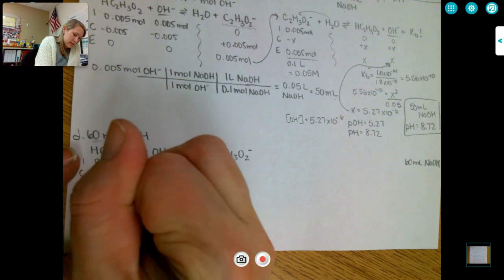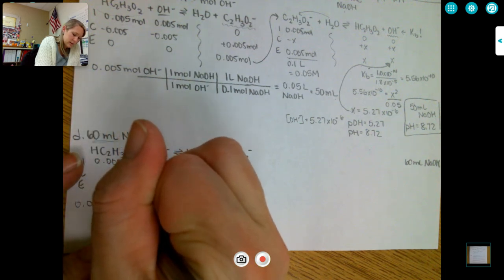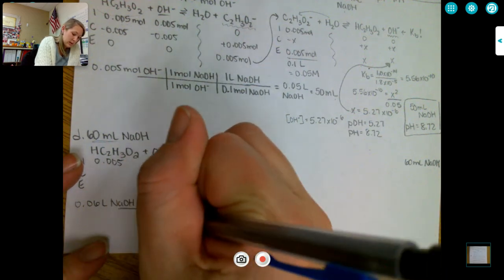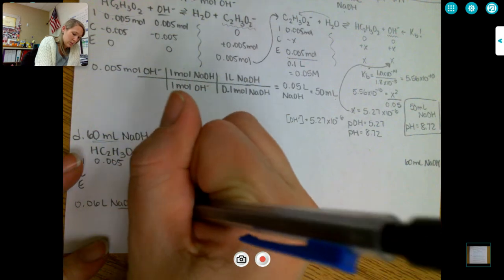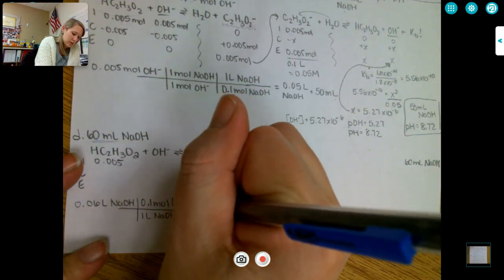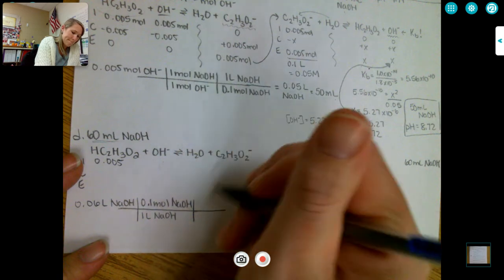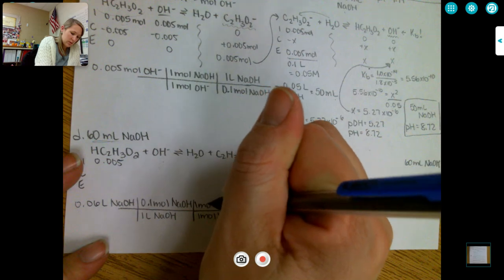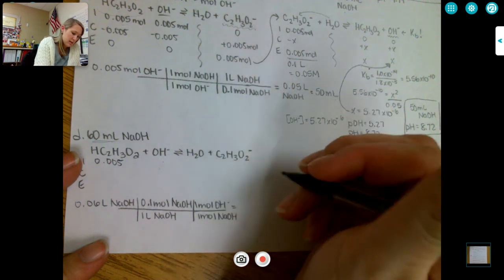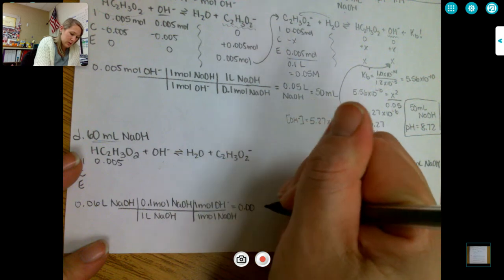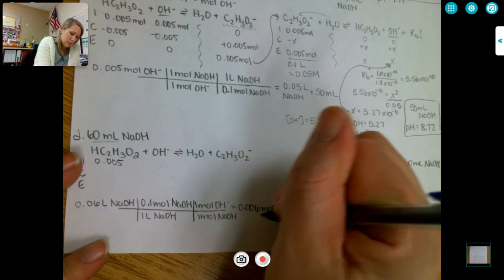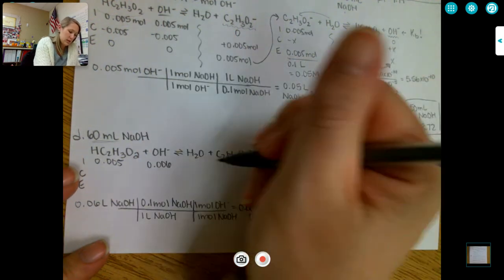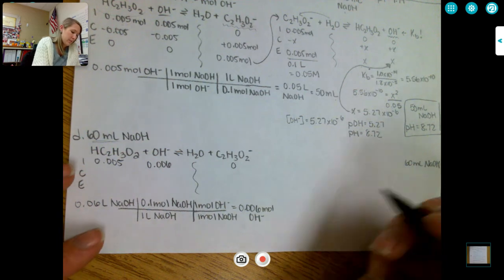So 0.06 liters sodium hydroxide, 1 liter NaOH, 0.1 mole NaOH, 1 mole NaOH, 1 mole OH minus gives me 0.006 moles OH minus, 0.006 moles. Don't care about water, got nothing here.